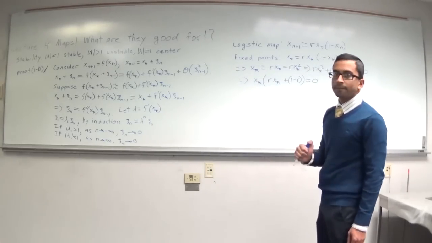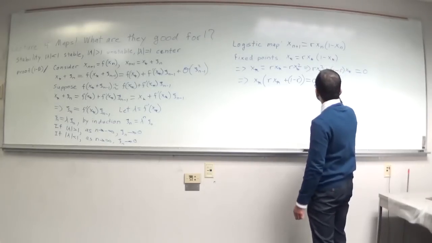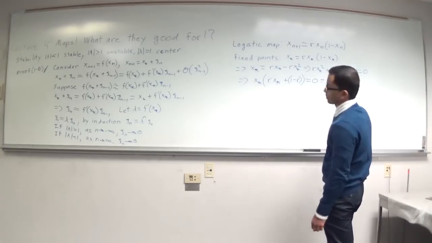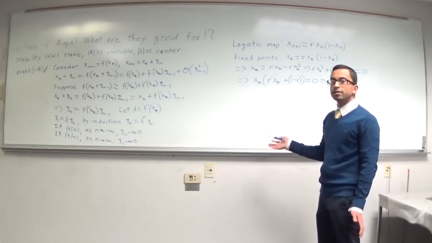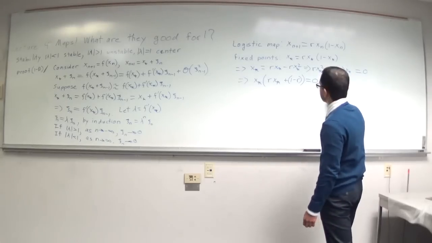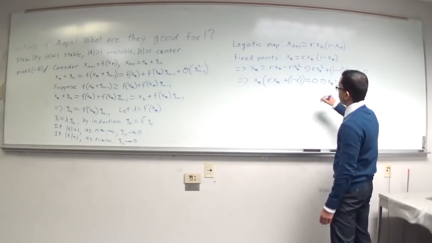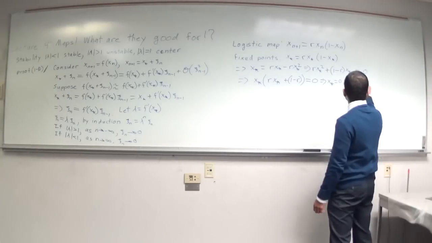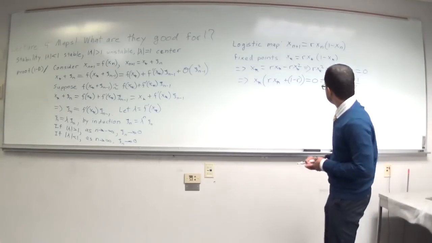So we see that the fixed points are 0, which makes sense because if the population is 0, we're not going to get spontaneous growth, and x star equals (r minus 1) over r. So these are the two fixed points.